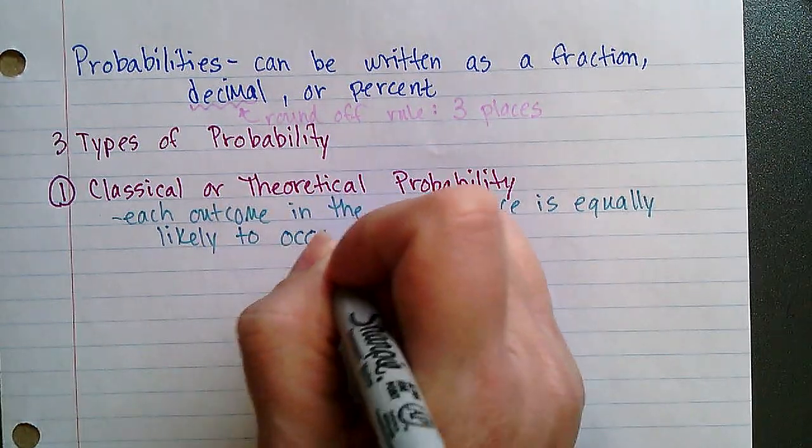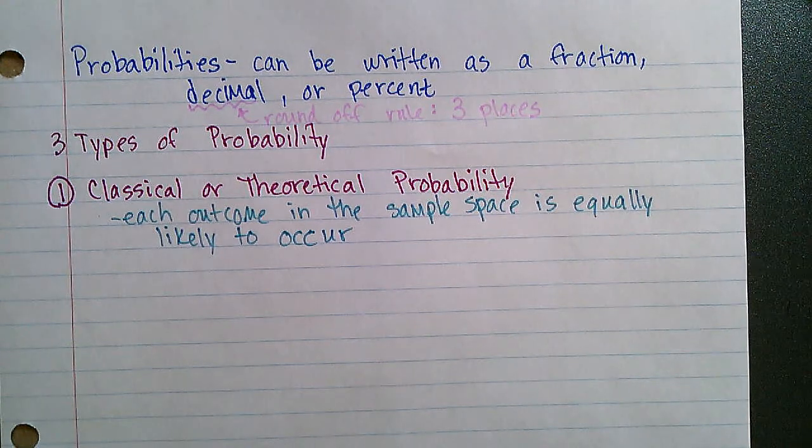So think about rolling a number cube or drawing a card. Each of the outcomes of rolling a 1 or a 2 or a 3 or a 4 or a 5 or a 6, each one would be equally likely to occur.